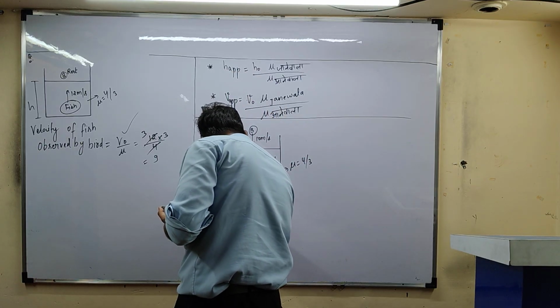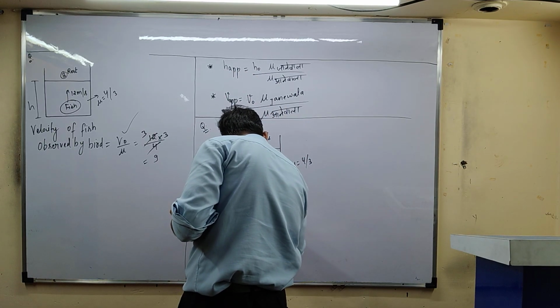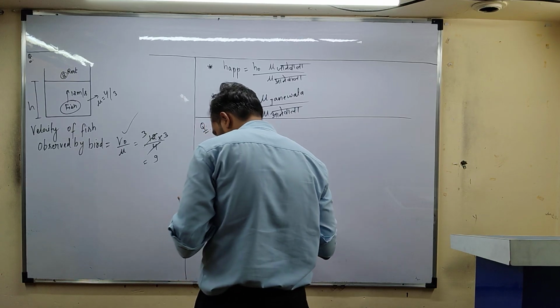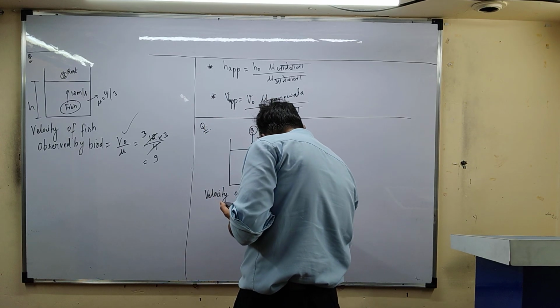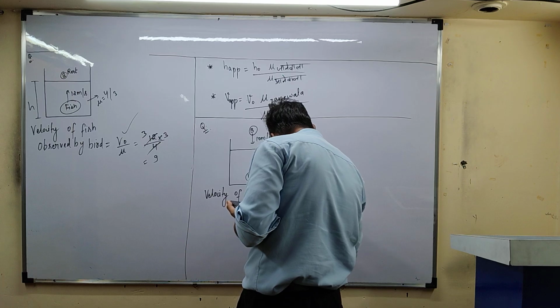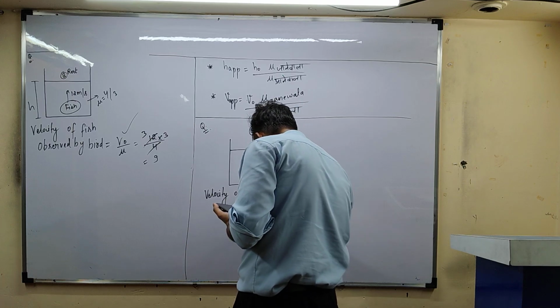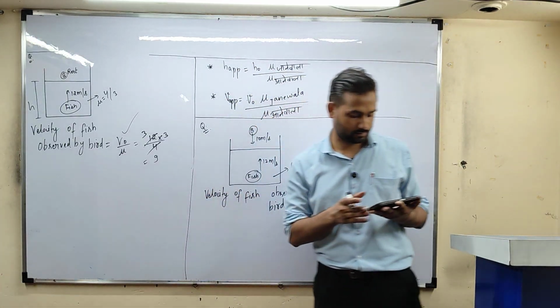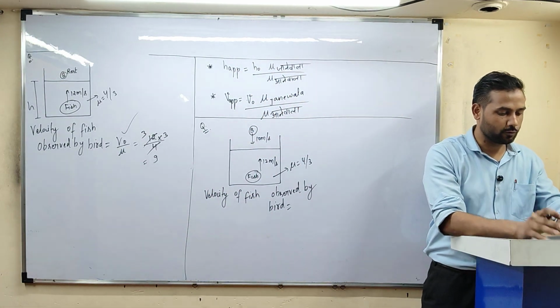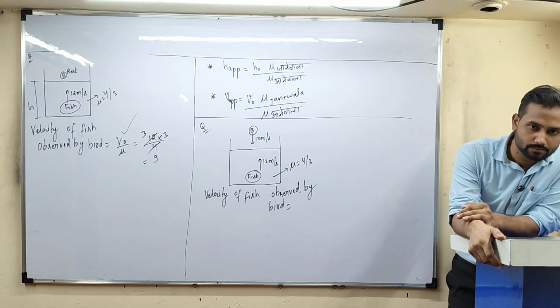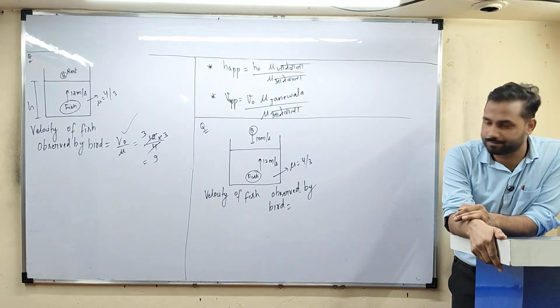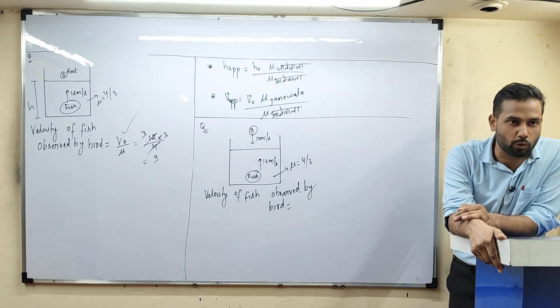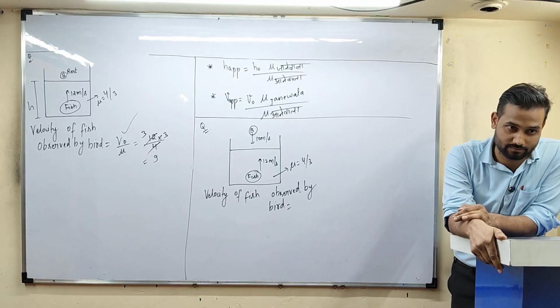Velocity of fish observed by bird. In this scenario, what is the answer? What if the bird and the fish both have some velocity?